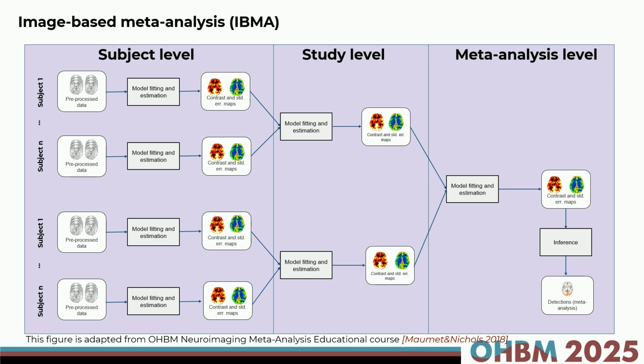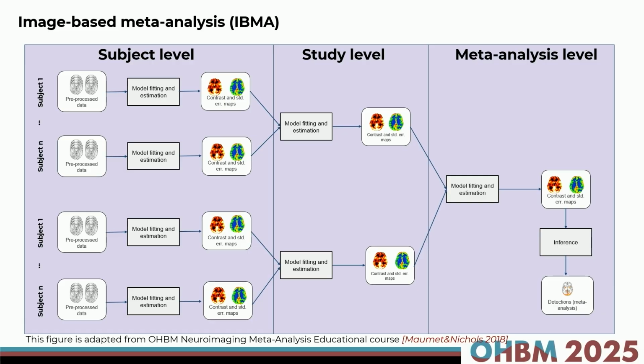So firstly, we have the subject level. For each subject, we have the pre-processed data. First, we run first level model fitting and estimation on the pre-processed data for each subject. And that will give us the subject-specific contrast and standard error maps. And then in the study level, we combine these subject effect maps by running the second level model fitting and estimation.